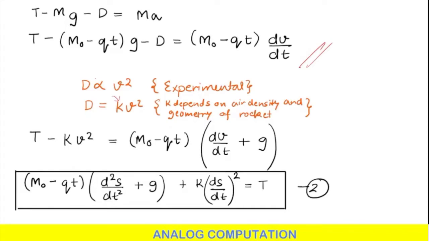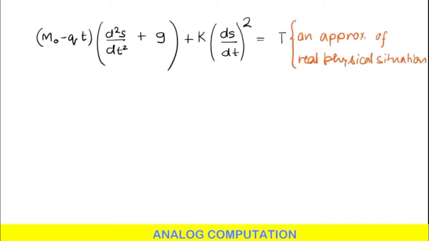The k will depend on the air density and the aerodynamics or geometry of the rocket. So for d you replace k times v square, and you also took this term to the RHS and took common, and at the end you got this equation. Very simple. This is equation 2. So what we have done here is formulate a problem. This is basically an approximation of the real physical situation.